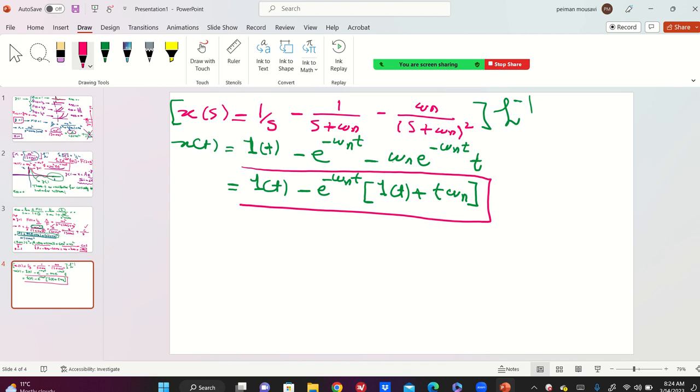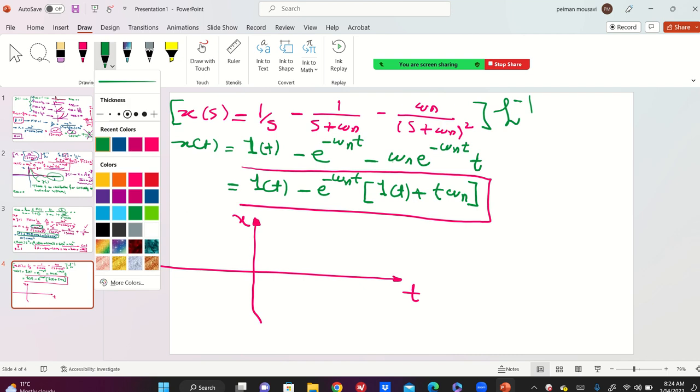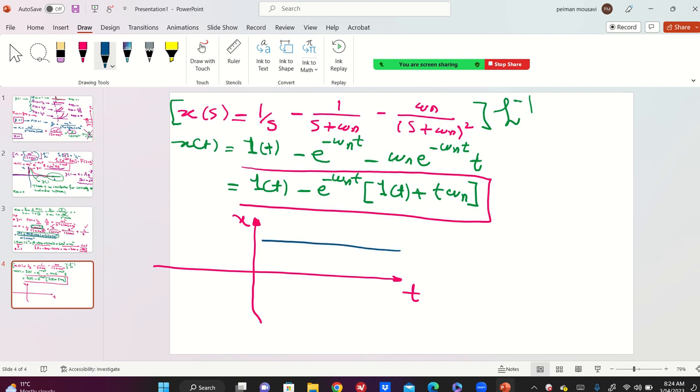So if you plot x of t, and this is the input to the system.